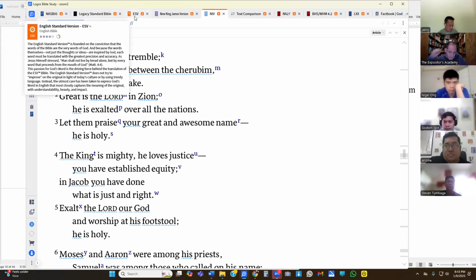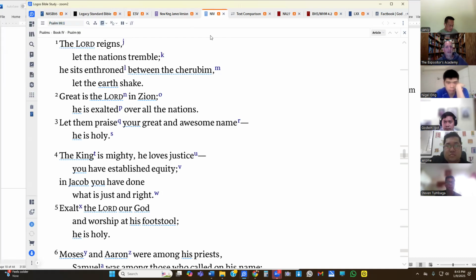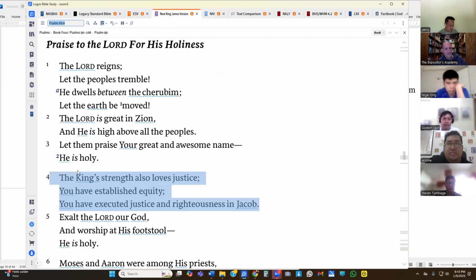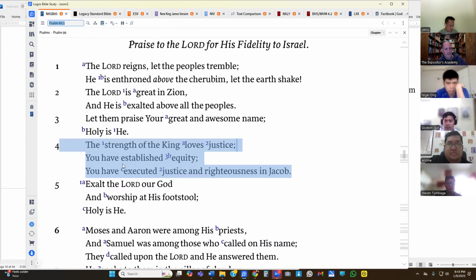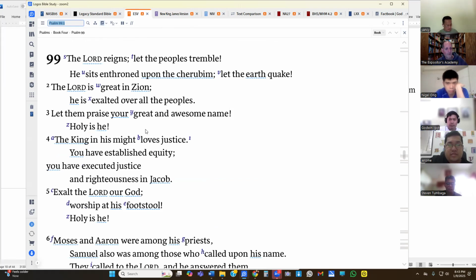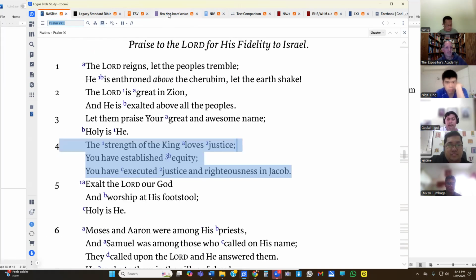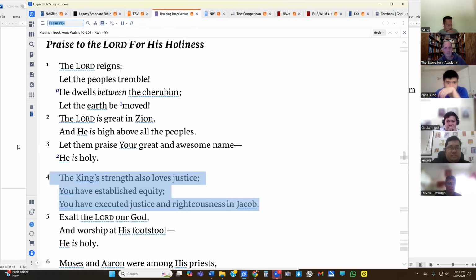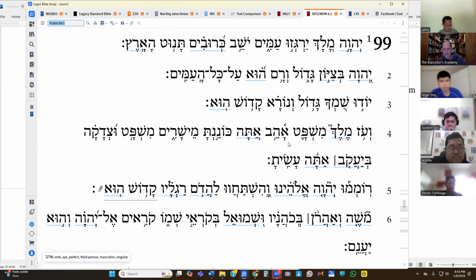Okay. So mostly there are 3 lines. New King James is 3, New American Standard is 3. So we're going to go with 3. ESV has 4 lines, but we're going to go with 3 because the other 2 have 3. And if I go to the Hebrew text, let me just see.